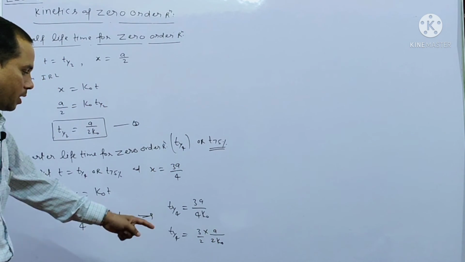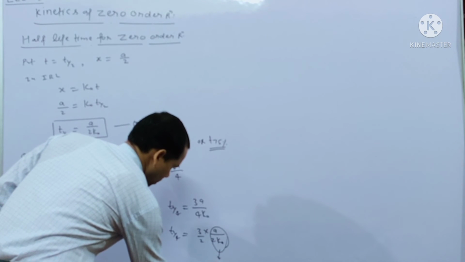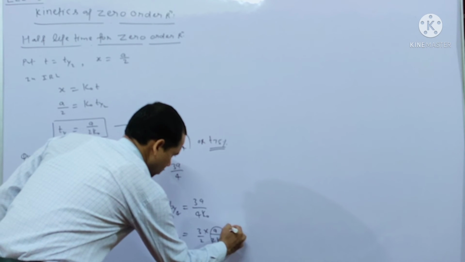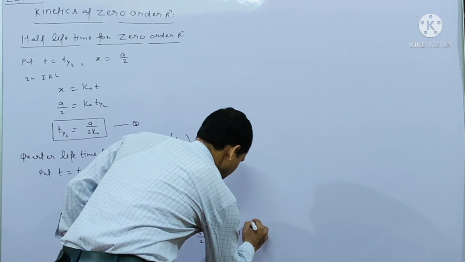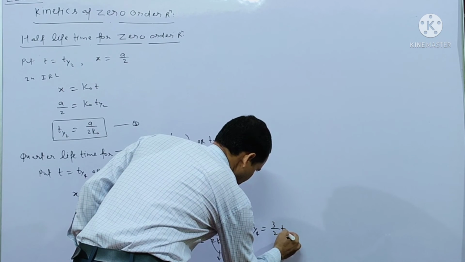Any problem? So basically this is T half. So we can say that T1 by 4 equal to 3 upon 2 into T half.